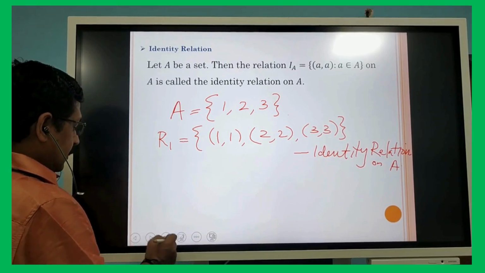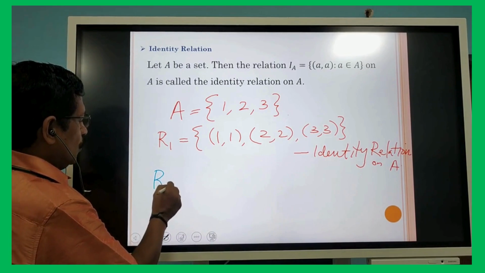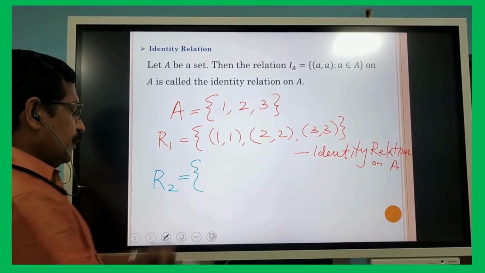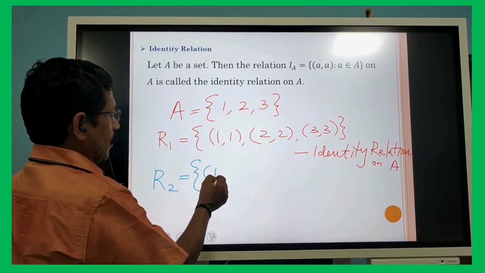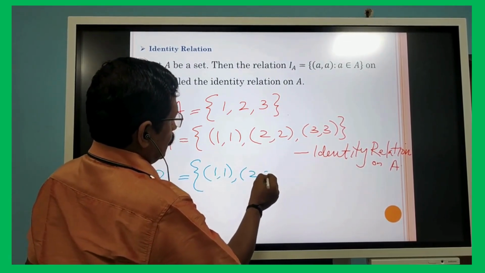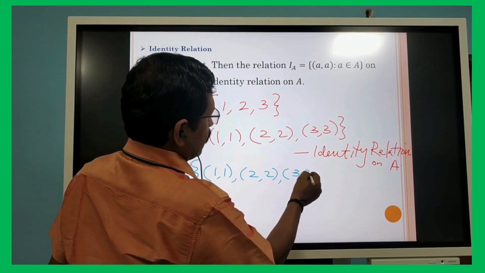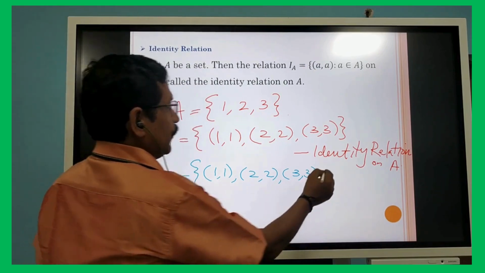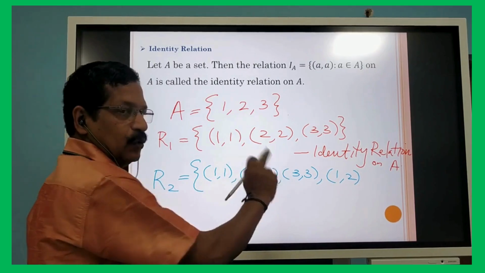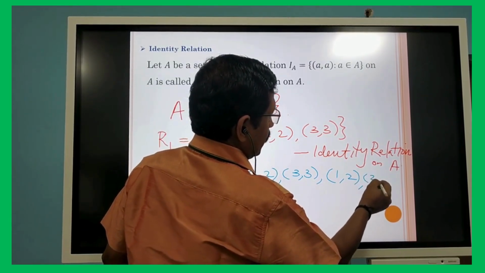Now I am writing another relation, R2. R2 is equal to the same ordered pairs (1, 1), (2, 2), (3, 3), and also the ordered pair (1, 2), because in this set 1 is related to 2, and I am writing the ordered pair (2, 3) also.